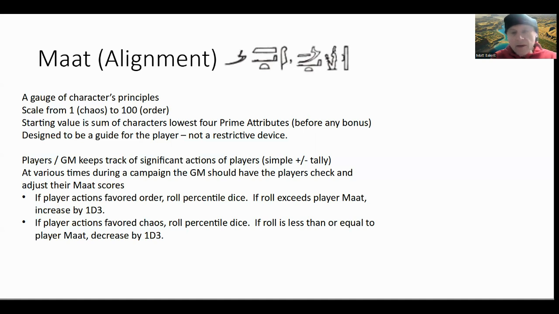Again, even a character of very low alignment, someone who favors chaos, for example, can have a very rigid set of principles, lines that they will not cross, which most people would tend to think of as being associated with someone of higher alignment. But again, these are just ideas for players to use to come up with motivations for their characters for doing different things.